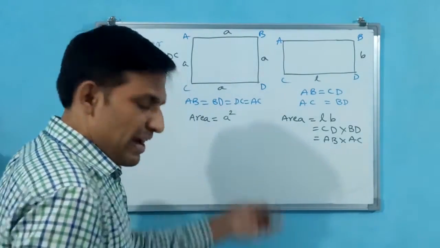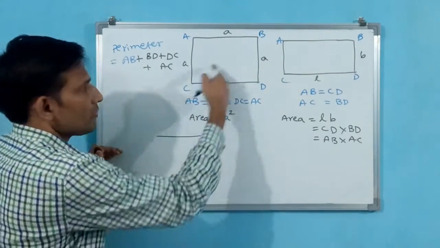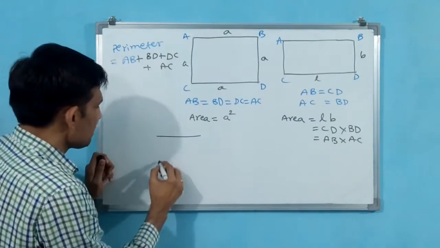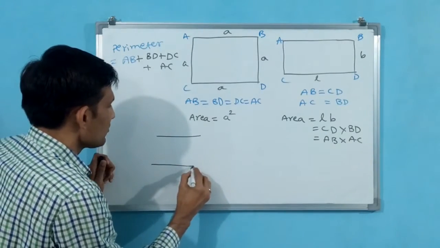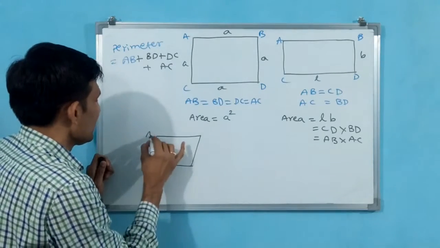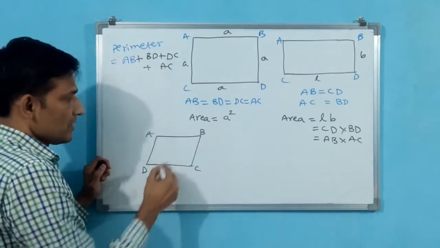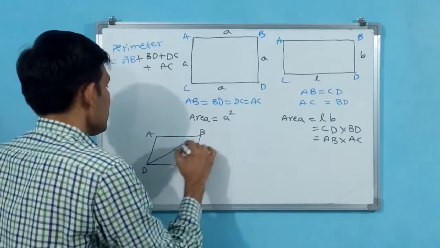Let us see the parallelogram. We already know that although these two are parallelograms, for the original parallelogram you have to keep this figure in mind: A, B, C, D, and two diagonals will be there.